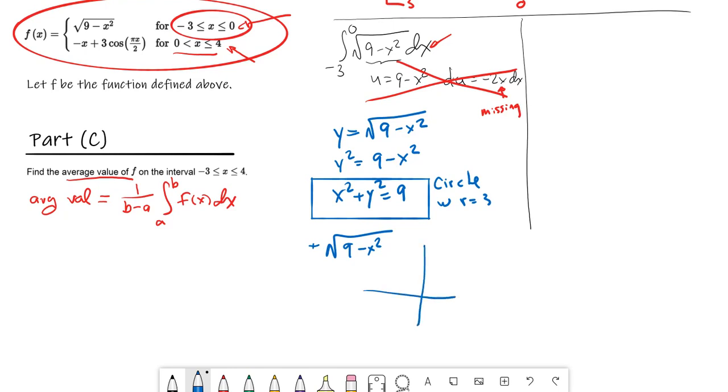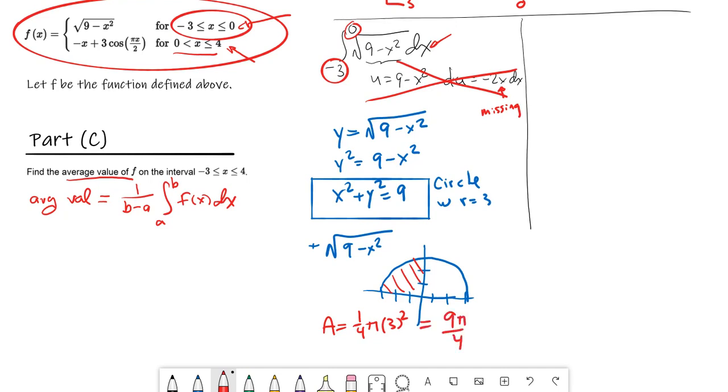So if we were to graph this, we would only want the top half of the circle. And because the bounds of integration go from -3 to 0, we would only shade this region of it. So we can say that this definite integral is equal to the area of 1/4 times pi times 3 squared, which is 9 pi over 4.